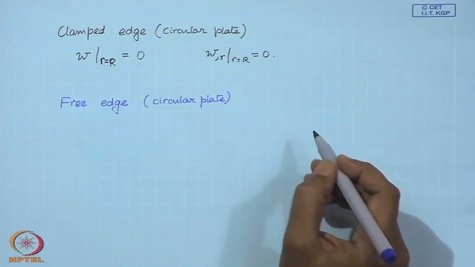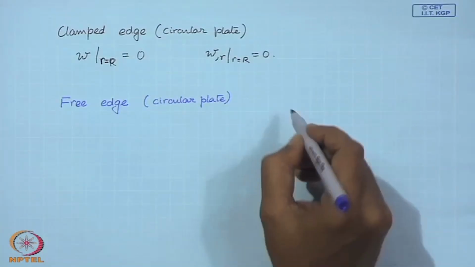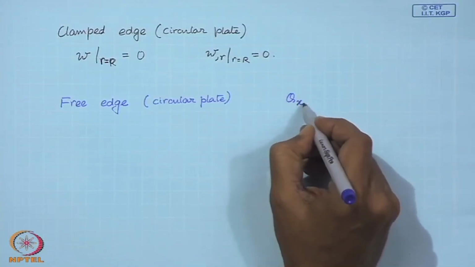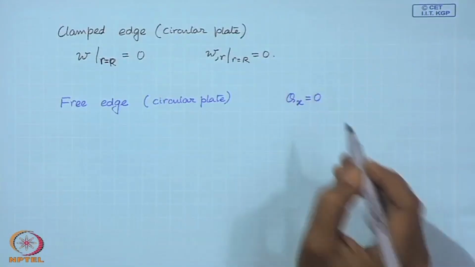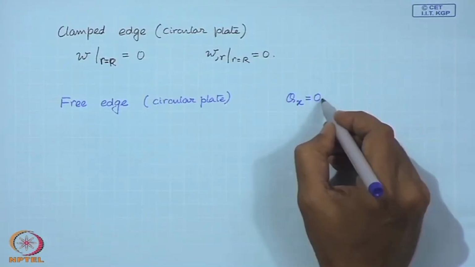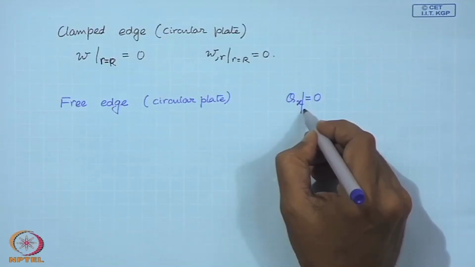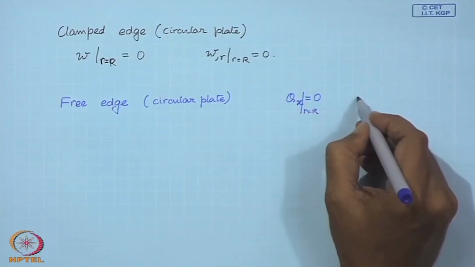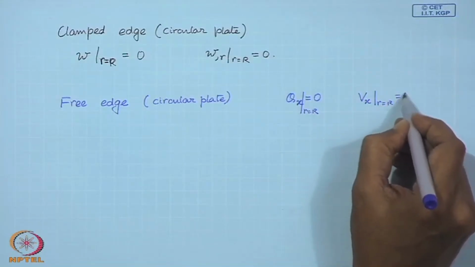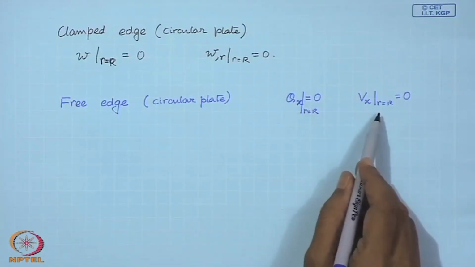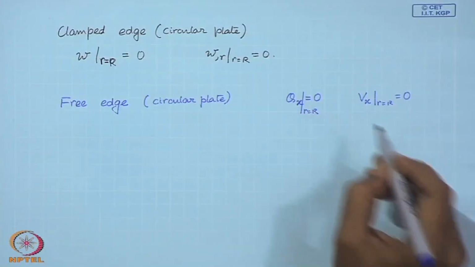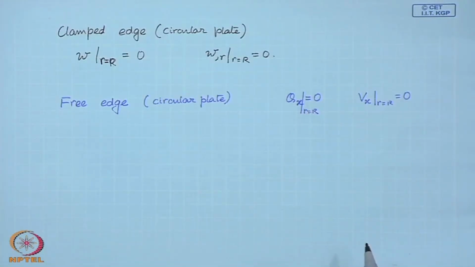So, for the free edge, we had the stress resultant because of out of plane shear equal to 0, and the edge force must also vanish.